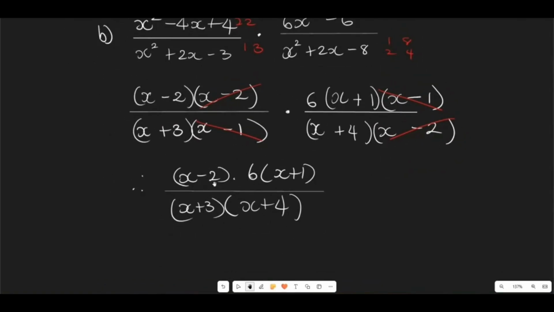And then you can just leave it as it is, right? If you want to, you can multiply everything inside. That's up to you, but you can leave it as it is. Actually, let's just multiply everything. It's fine, but I'll just leave the 6 outside. I'll just do this quickly as well.